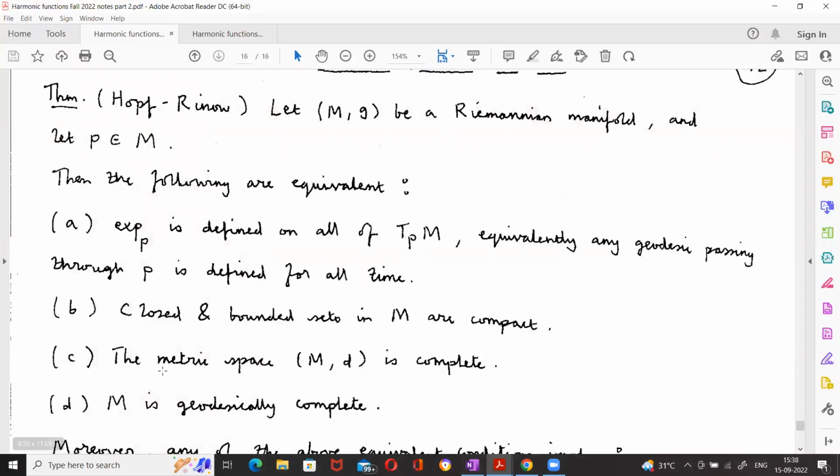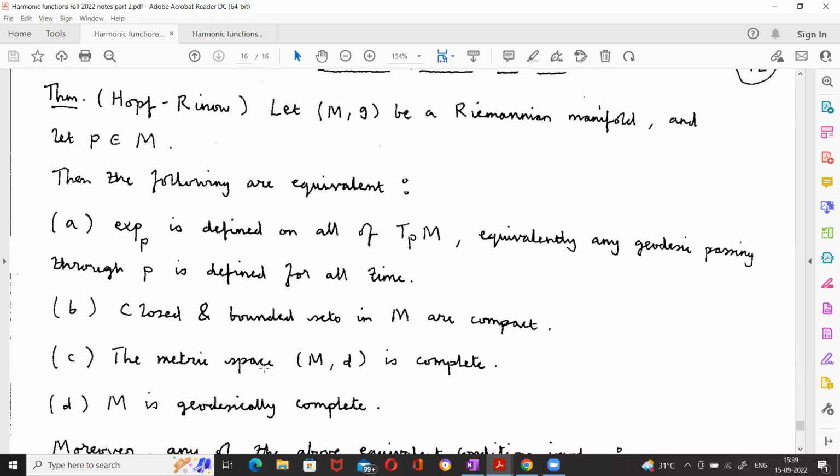The third equivalent condition, C, is that the metric space (M, d) is complete. And finally, the last equivalent condition, D, is that M is geodesically complete. Notice something interesting here.